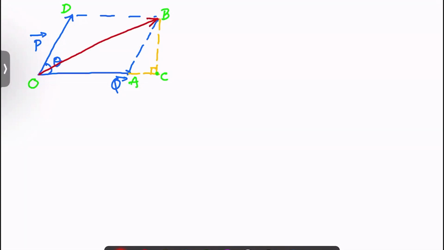Okay, so this R. So as per our situation, vector P is F1, which is equal to OD. Vector Q is F2, that is OQ.